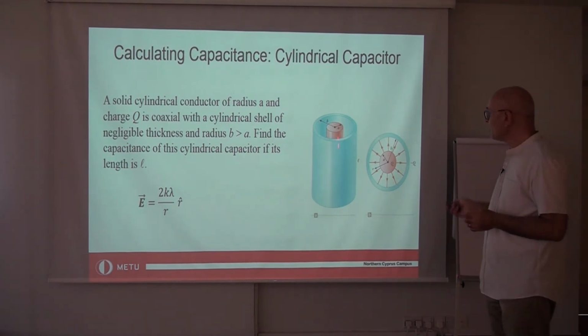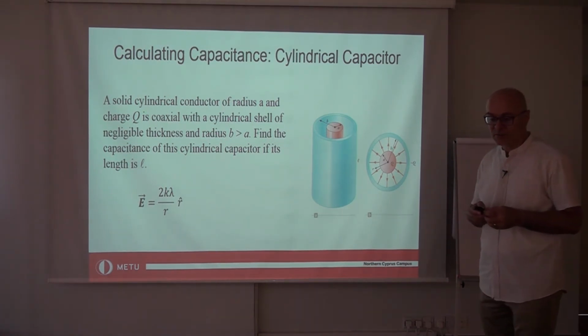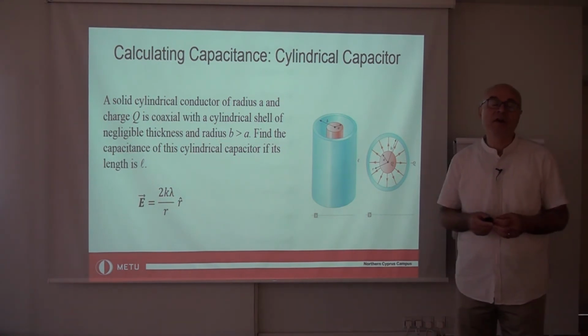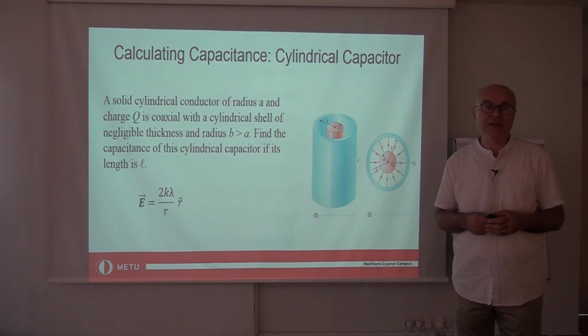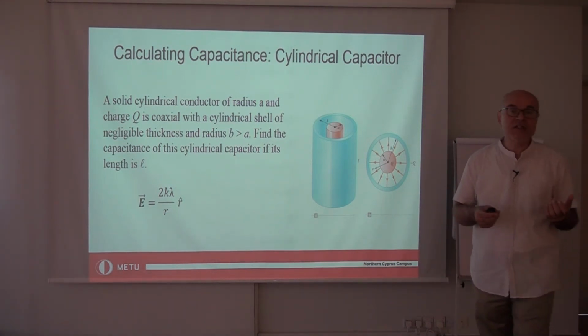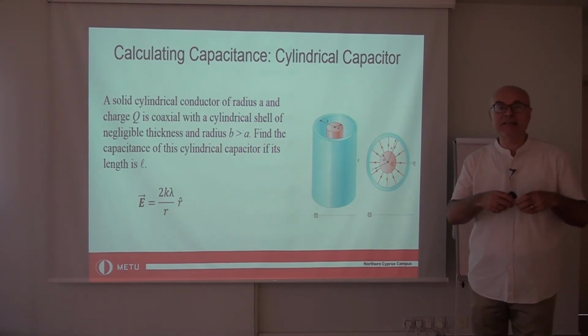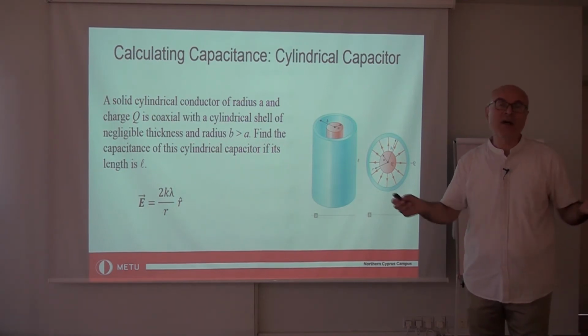It might be good to mention here that the practical everyday example of a cylindrical capacitor is what we call the coaxial cable, which is just the antenna wire of your TV and so on.